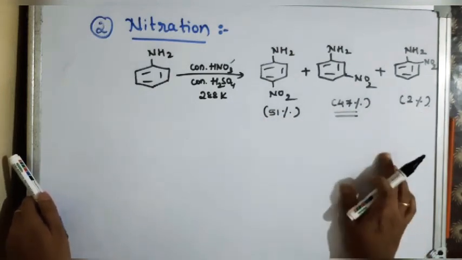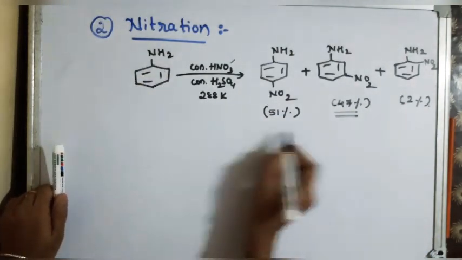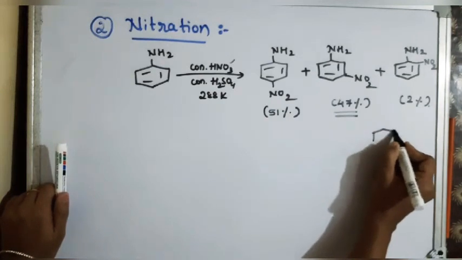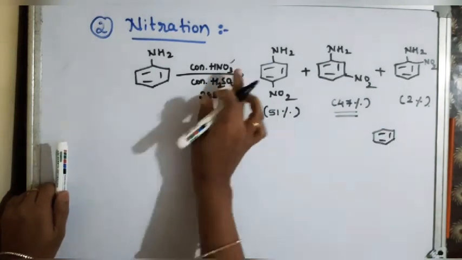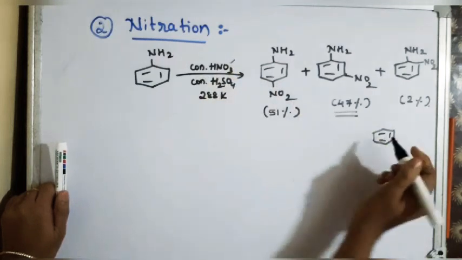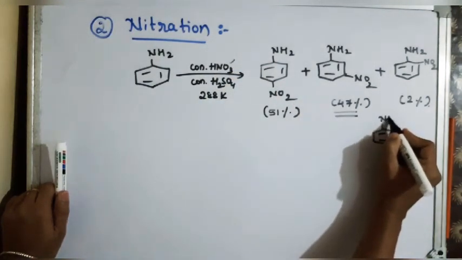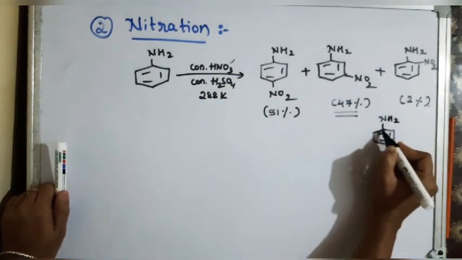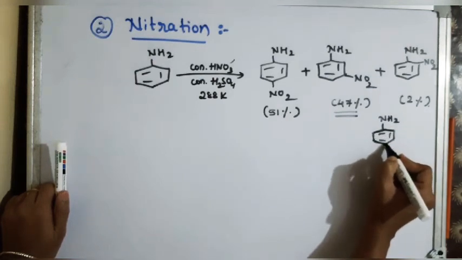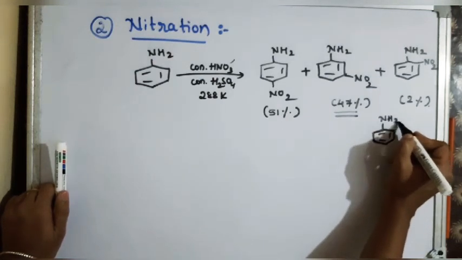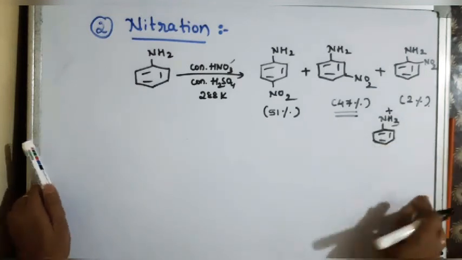This is because of the formation of anilinium ion. As it is a strong acid and the NH2 group is basic in nature, because of that basic character, aniline gets protonated and converts into NH3+.